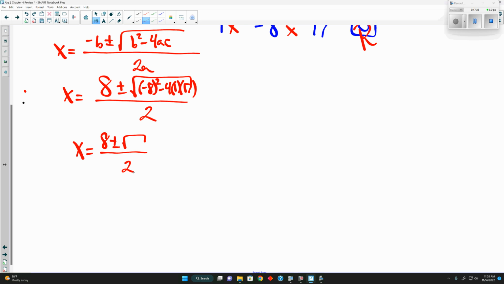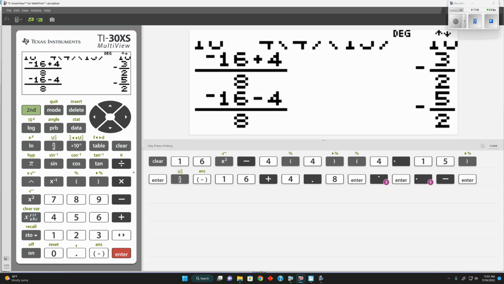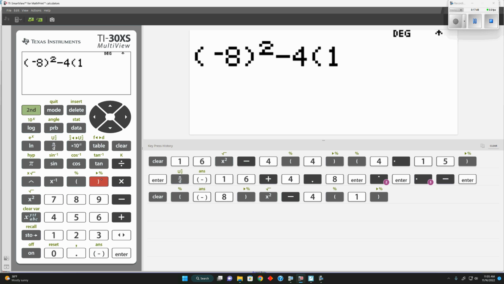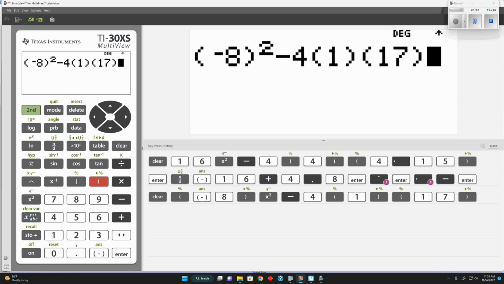Now we can plug everything inside the radical into the calculator. And it doesn't matter which one we use, so we can say negative 8 squared minus 4 times 1 times 17 and see what we get. And if we plug that in, it'll tell us that it is negative 4.